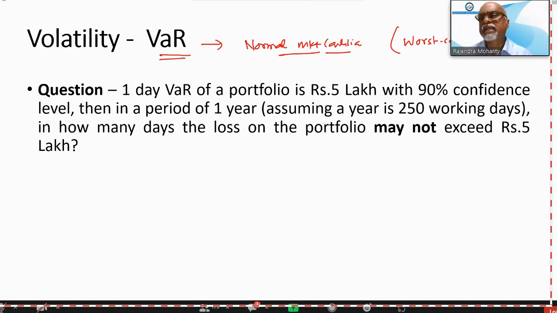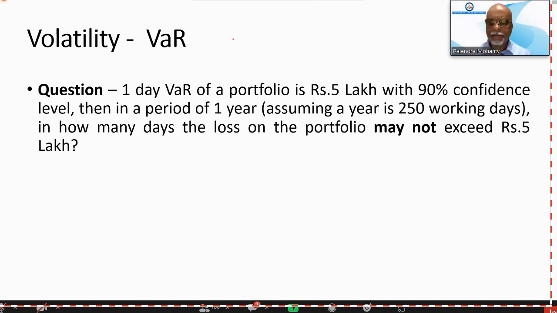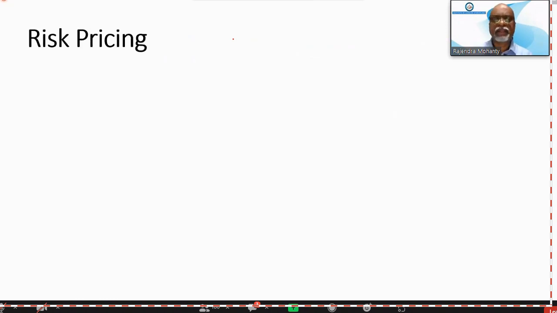In a worst case scenario, VAR is not going to predict the correct result. Sometimes questions are asked, so you can remember: VAR is going to give you a correct prediction under normal market condition, or it can be said that VAR is not a worst case scenario analysis tool. Okay? So VAR is to be done like this.